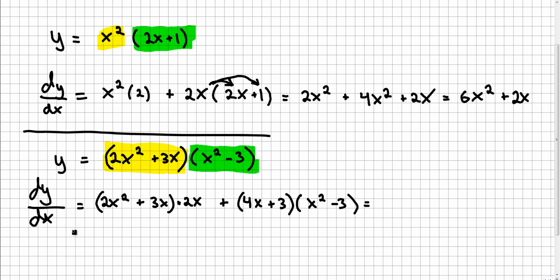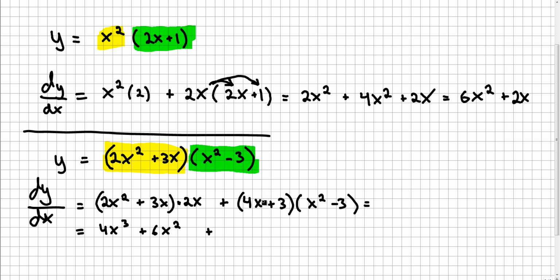Now let's simplify this a little bit. Let's see. 2x times this term and 2x times this term, so it will be 4x to the power of 3 plus 6x squared.